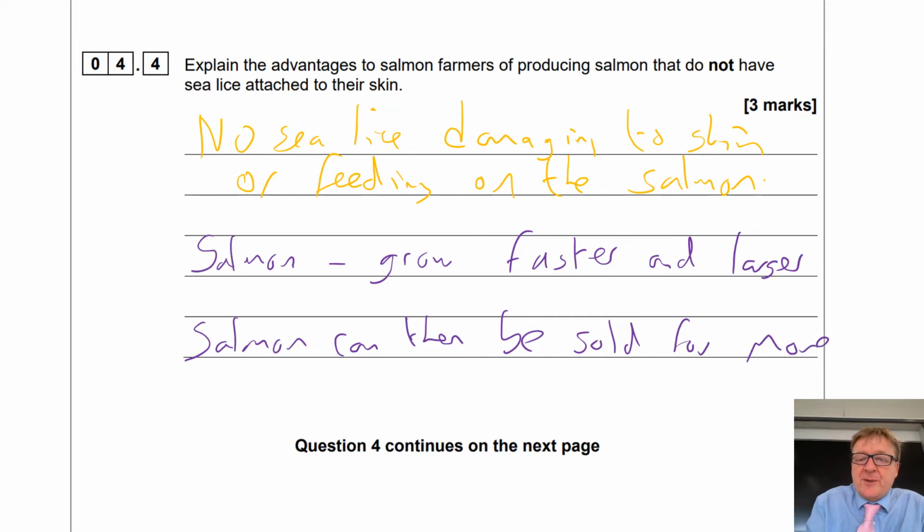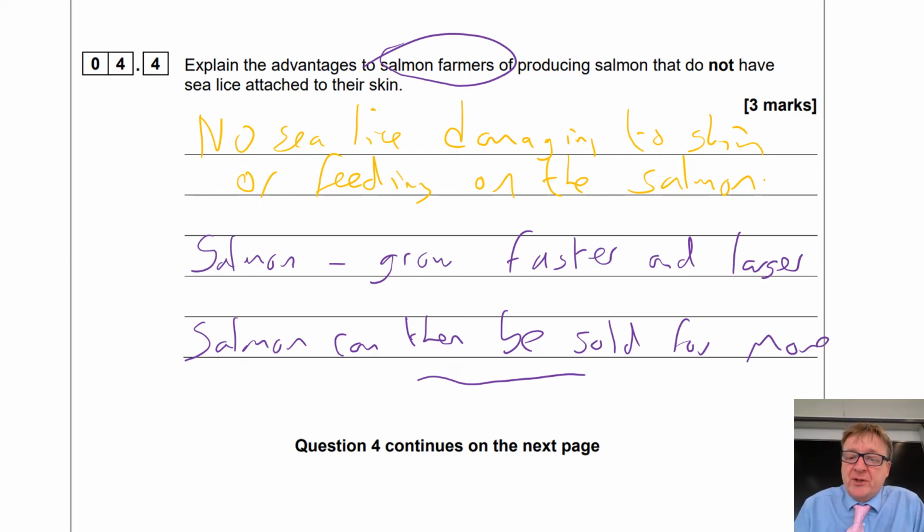Okay, I always think about money, right? Because if it talks about salmon farmers, then what the farmer wants is money. So it's always a good thing to think, if you're seeing a sentence in a question with something money orientated, like manufacturing or business, salmon farmers, postman, whatever it might be, then you can talk about money at some point.